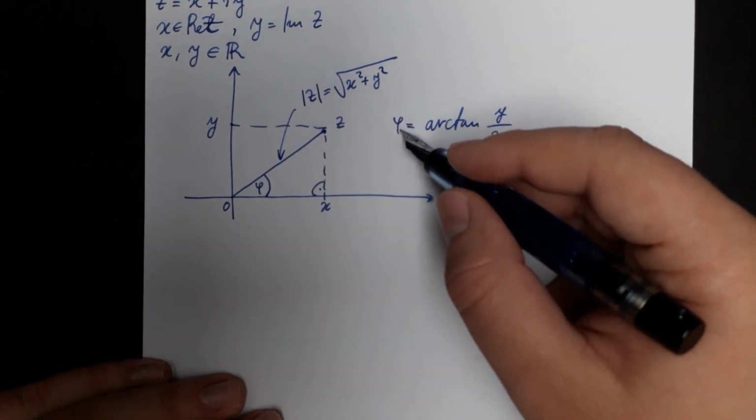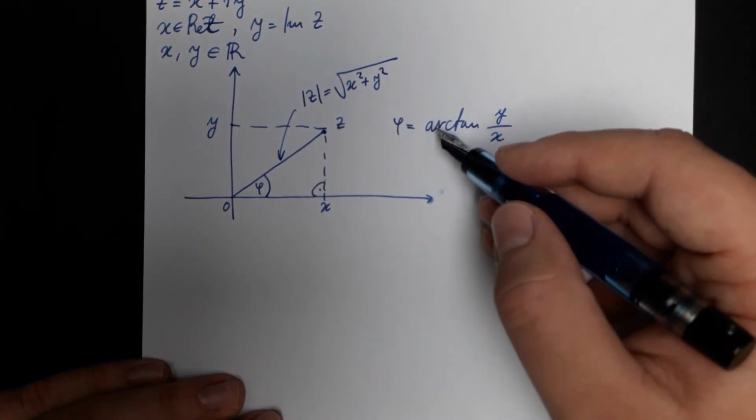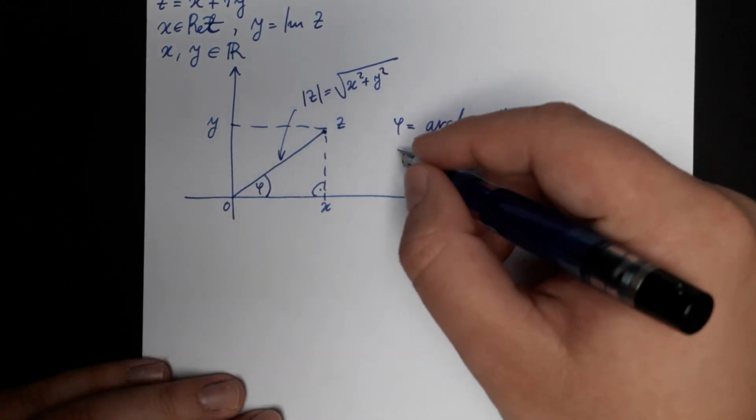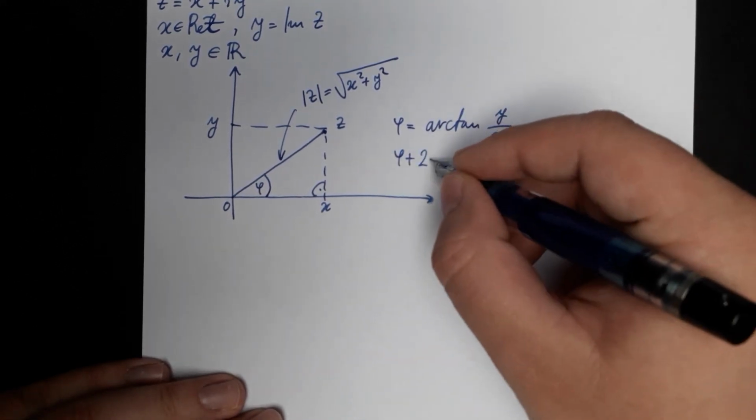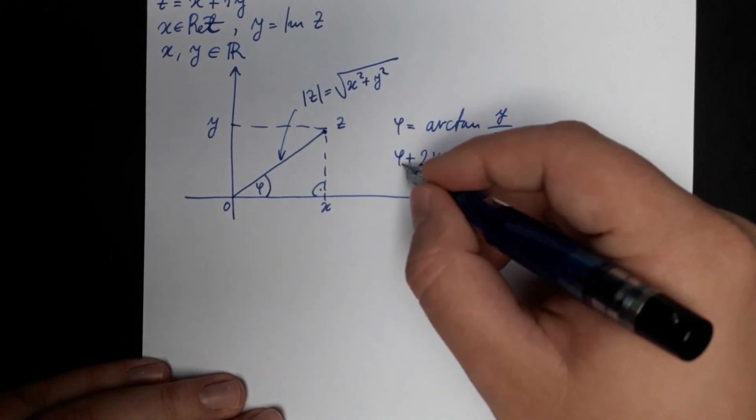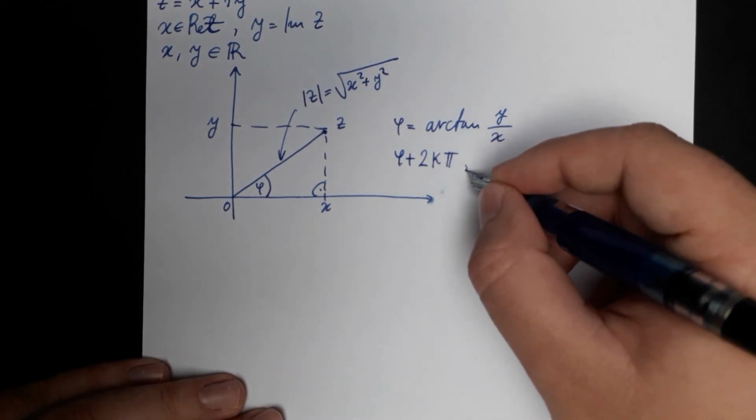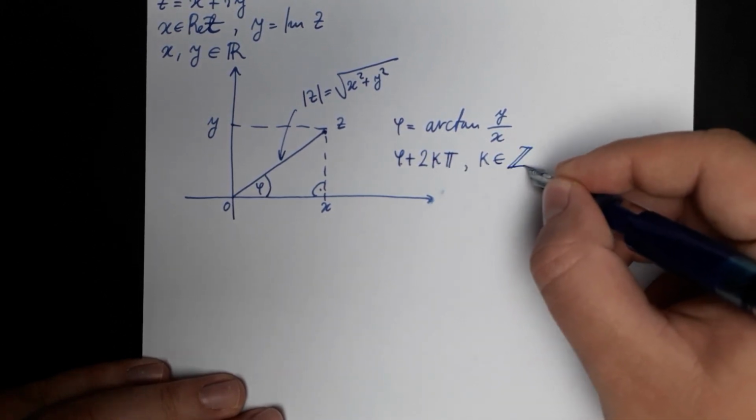This angle phi is the main argument of a complex number z, and of course all other arguments are written in the form of phi plus 2kπ, where k is a whole number.